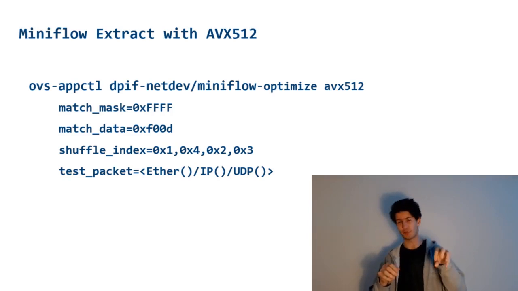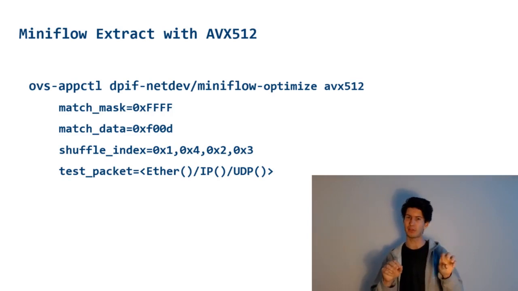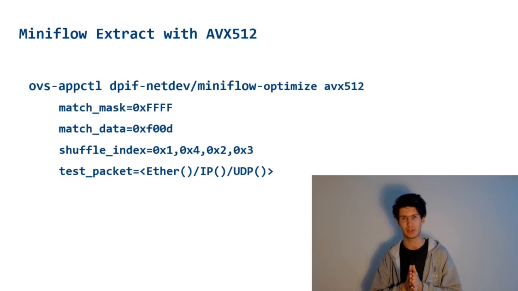So we'll have the scalar version classify the test packet, and we'll have the AVX512 pattern based on the user's input also classify this same packet. And then we can check the Miniflows to make sure that the Miniflow is identical. If the Miniflow is identical, it means that the packet was parsed perfectly and that there are no errors in the shuffle masks in this case.